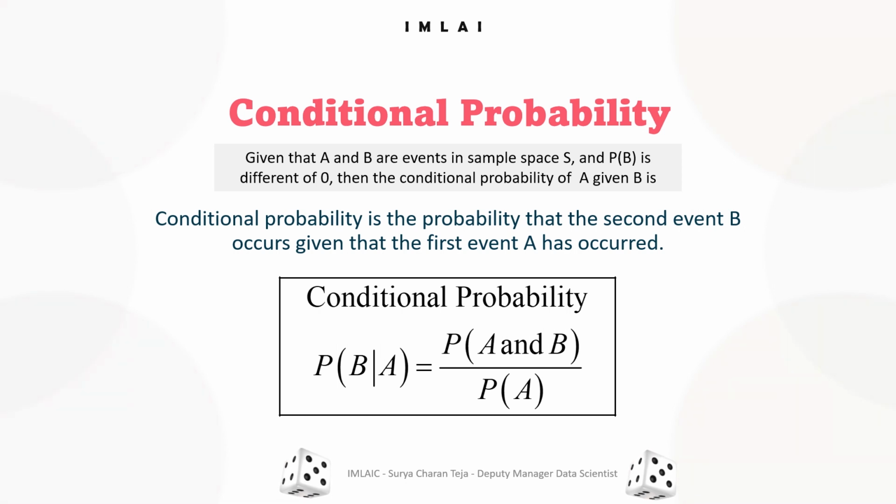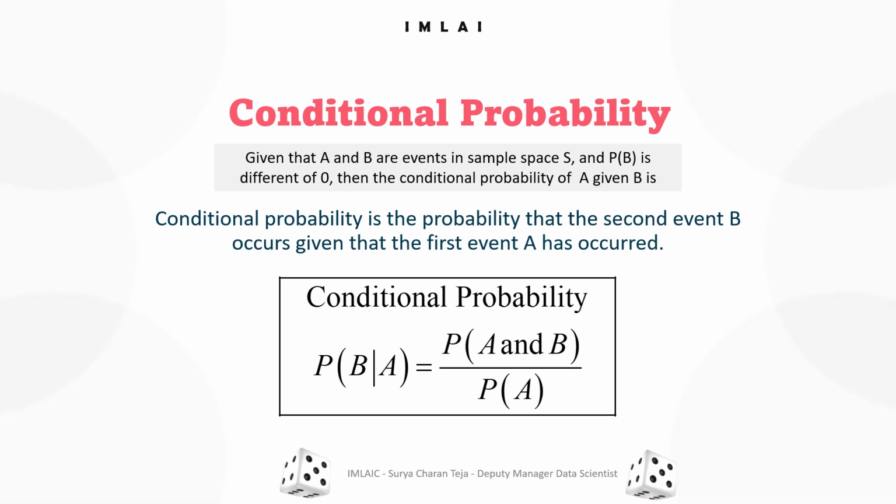So the sample space size as well as the frequency of the respective event happening also reduces. That's what your conditional probability is. That's the idea behind conditional probability. I just want to repeat it one more time because it is very important. If that is clear, you can easily handle conditional probability.